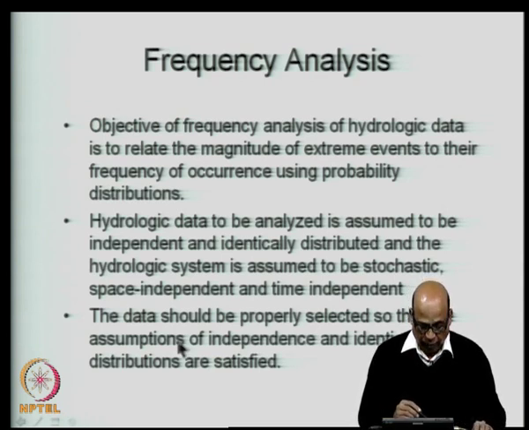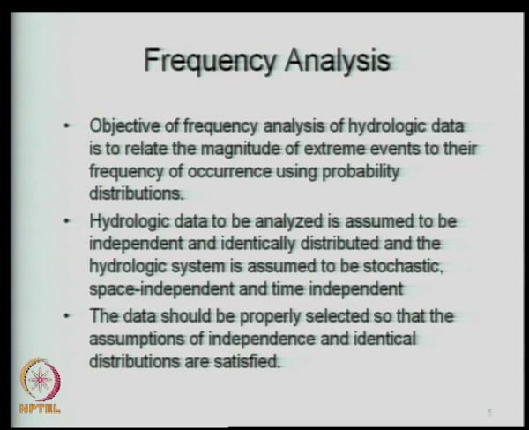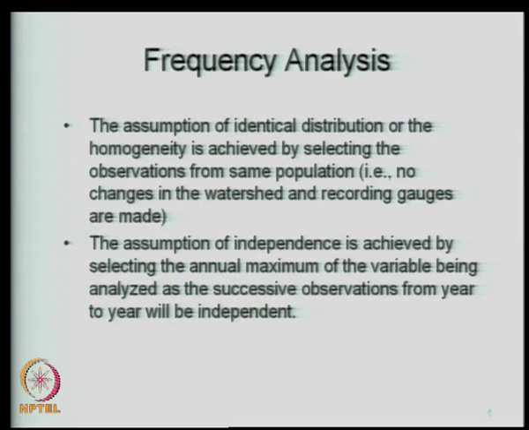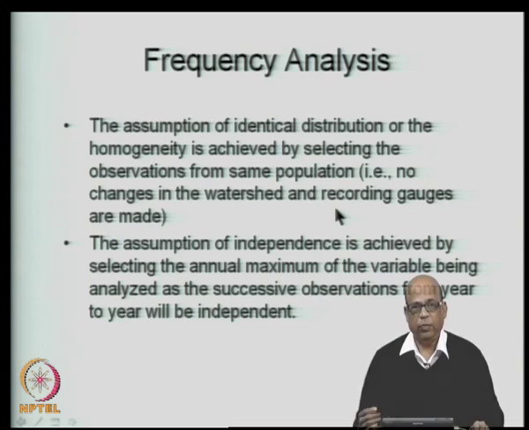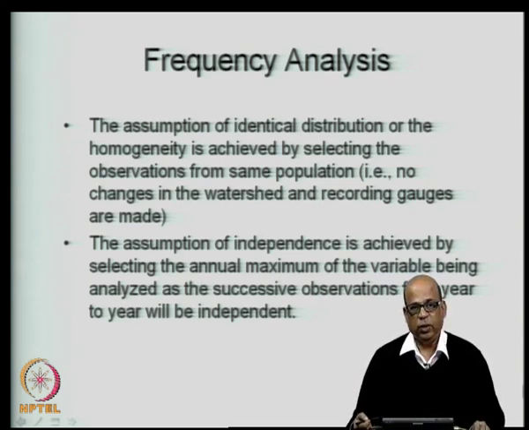So, we select that particular data such that the assumptions of independence and identical distribution are satisfied. These are the two most important assumptions that we make in frequency analysis. As I said, the assumption of independence is achieved by selecting the annual maximum or minimum of the variable being analyzed, as successive observations from year to year can be assumed to be independent.